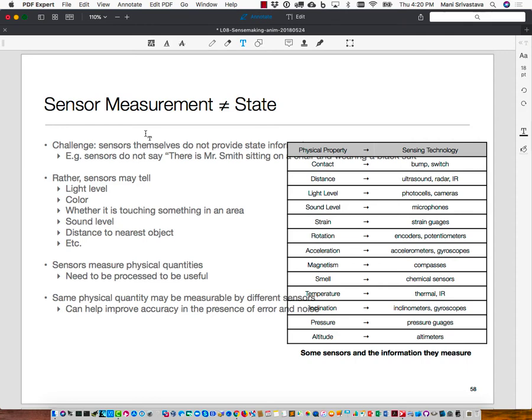I may have sensors that give all sorts of things: light level, color, something touching something, a level of sound, stuff like that. And all of them perhaps are saying something about the thing. In fact, the world is pretty rich, so almost any sensor picks up something about everything. And it's really a matter of algorithms to then infer things back.